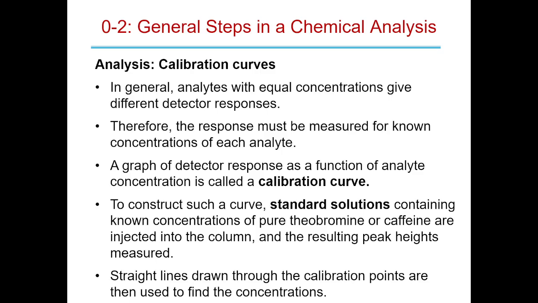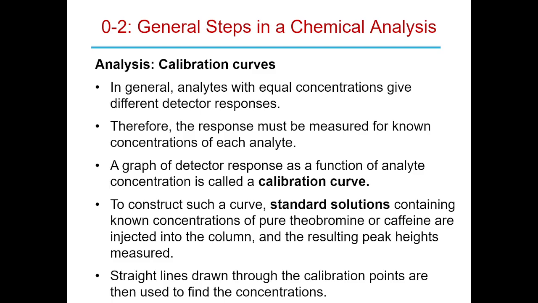And there are similar concepts for pretty much every other signal too, okay? The extinction coefficient is for light absorption, if you're curious, but the same thing exists for all the other ways of detecting stuff. Okay, so the response must be measured for known concentrations of each analyte. A graph of a detector response as a function of the analyte concentration is called a calibration curve.